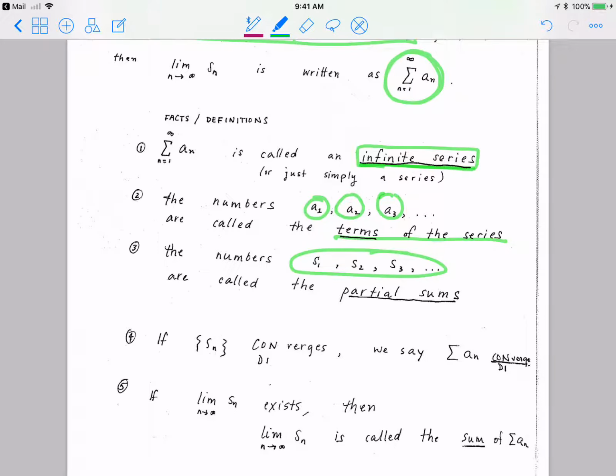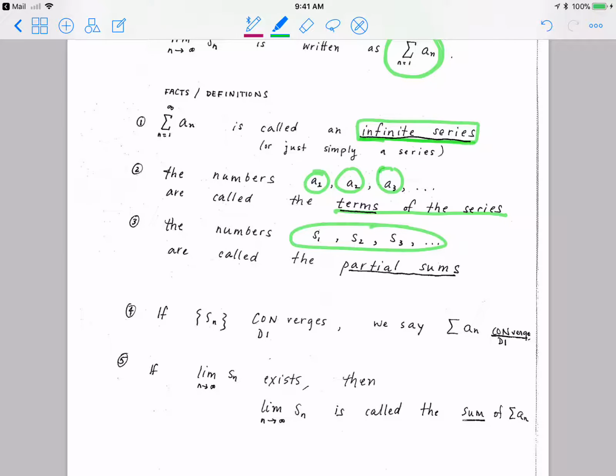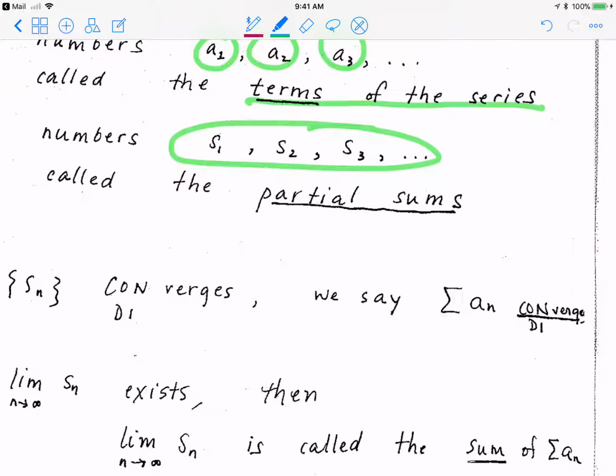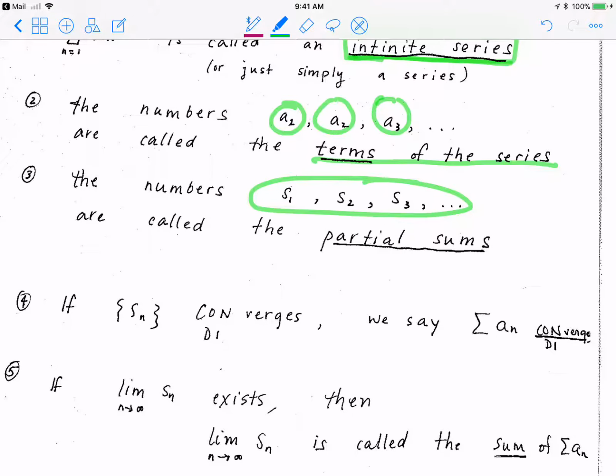Now, number 4, if your sequence of partial sums converges, then we say the series converges. If your sequence of partial sums diverges, then we say the series diverges.